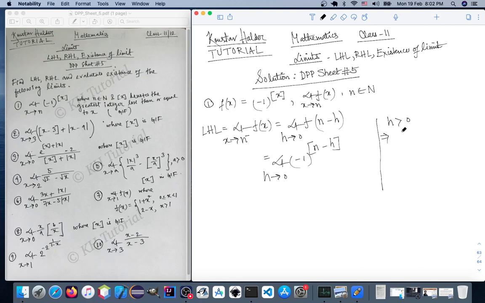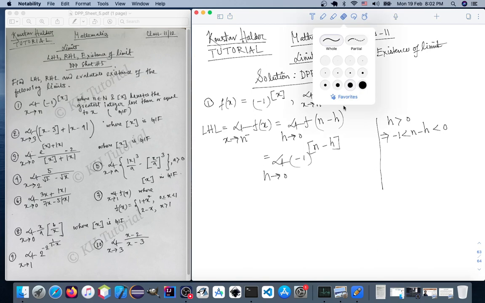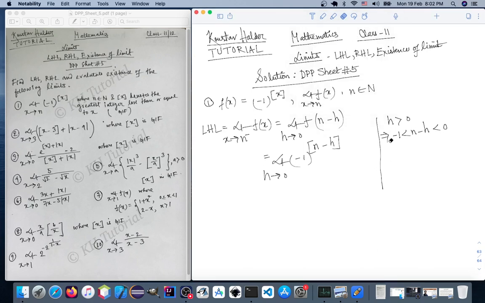Since h is a very small positive quantity, n minus h will be less than n but greater than n minus 1.